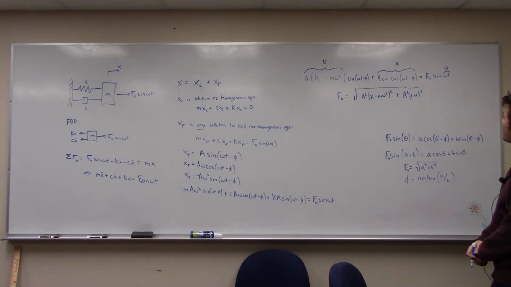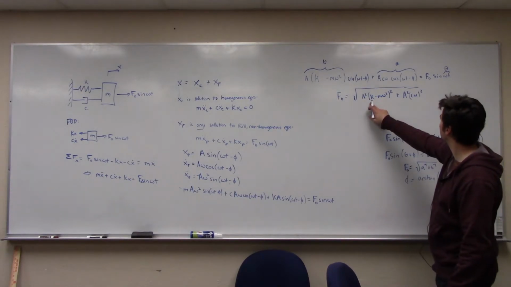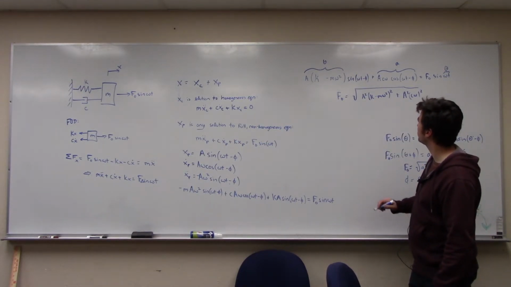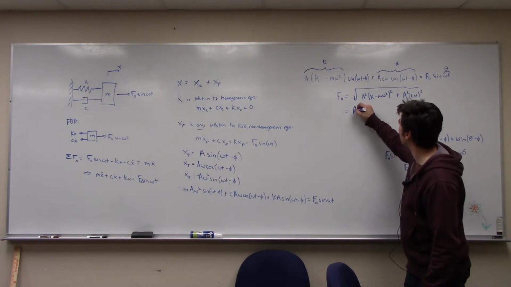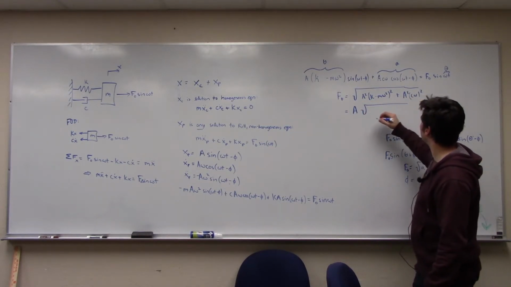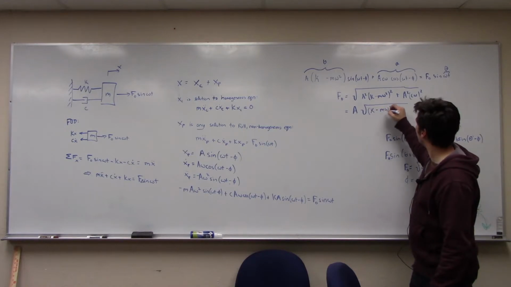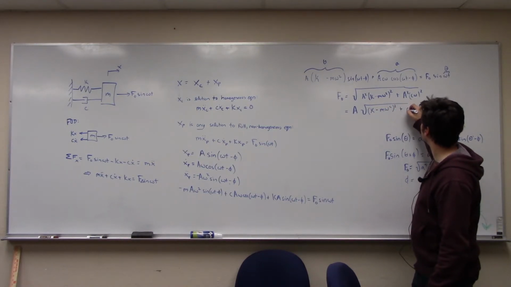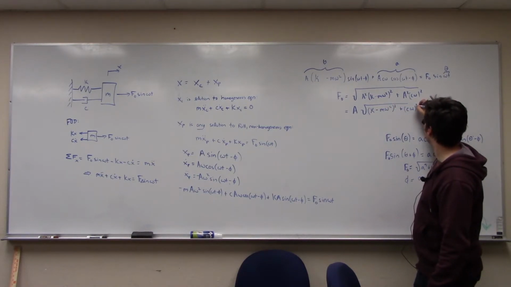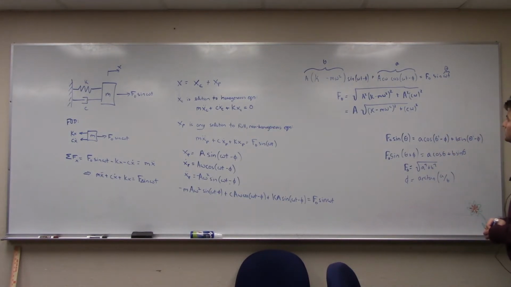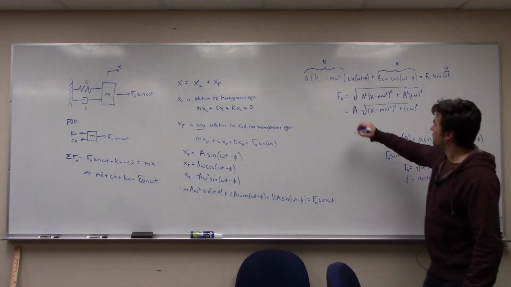We can factor out the A here, since it's coming from both terms. So that's equal to A times the square root of all this jazz: k minus m omega squared, that squared, plus c omega, that squared. That's equal to F naught.